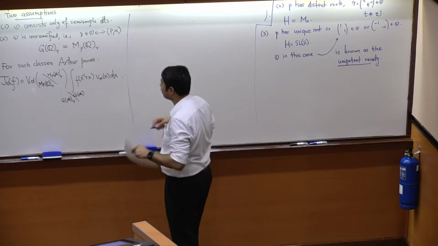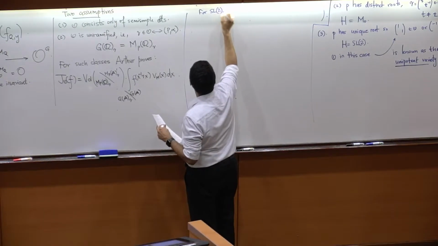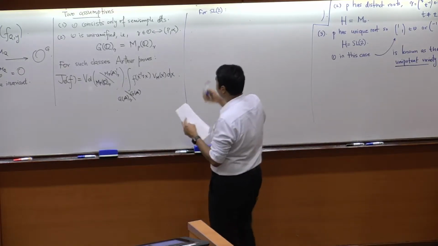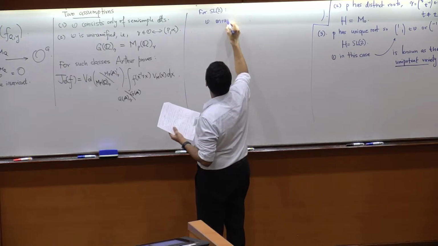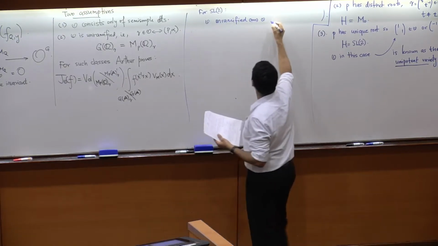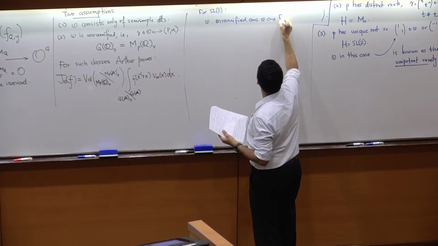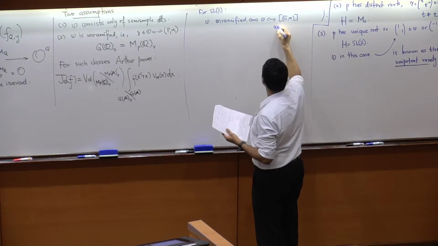It tells us the following. So for SL2, if you have O corresponding to unramified, this is the same as O corresponding to this G comma alpha. So this is anisotropic.